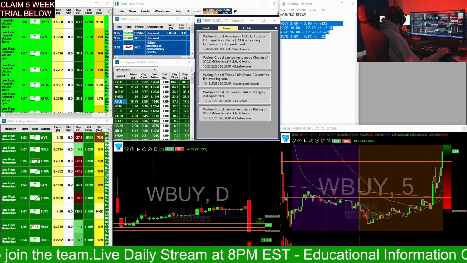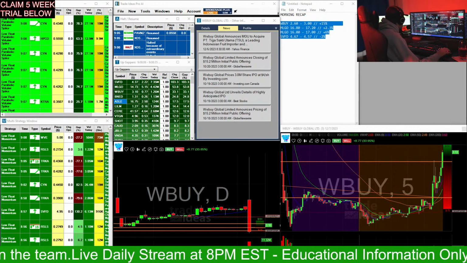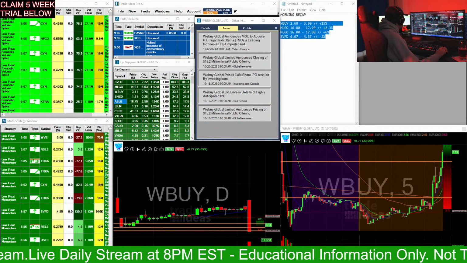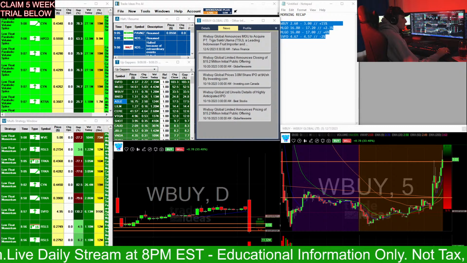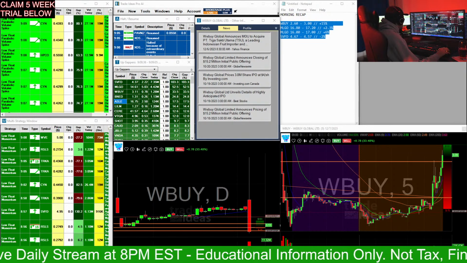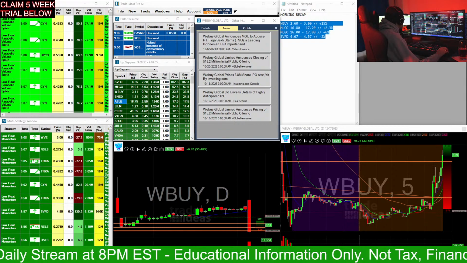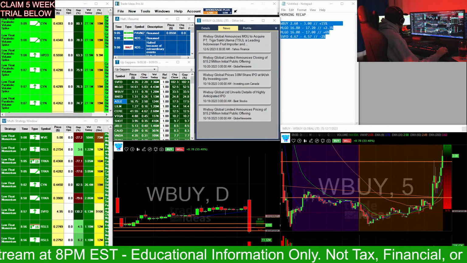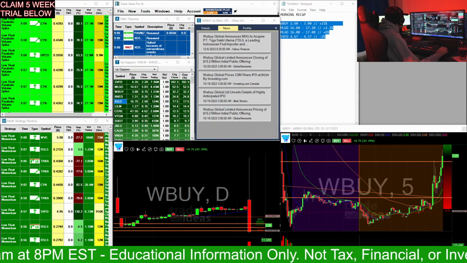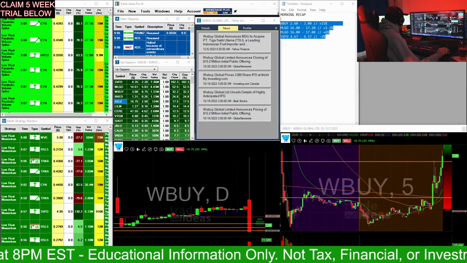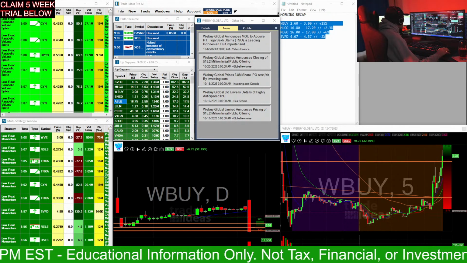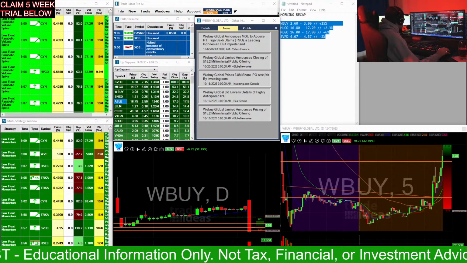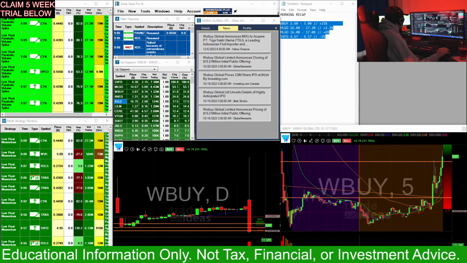And it's got the range here really up to 3.3 and 3.6, like I mentioned earlier on that break of 3. Buyers are sitting at 297 still on WBUY.